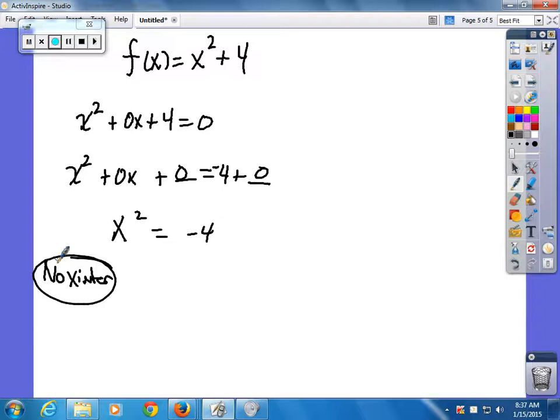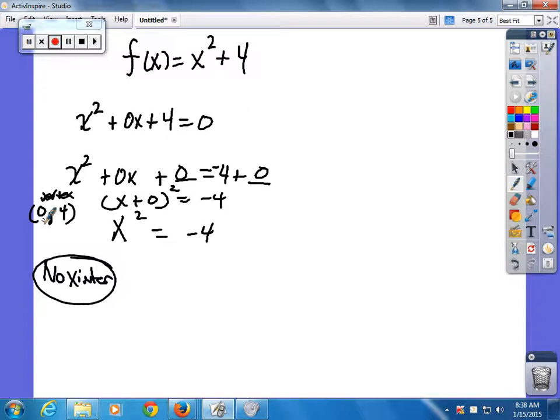So that means no x-intercepts. And our vertex comes out to be x plus 0, quantity squared, is equal to negative 4. So our vertex is 0 and what? Negative 4? It'd be positive 4. That's our vertex. And our y-intercept is 0, 4.